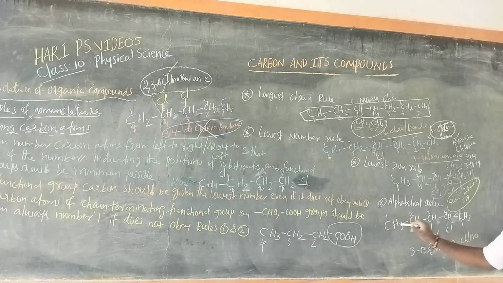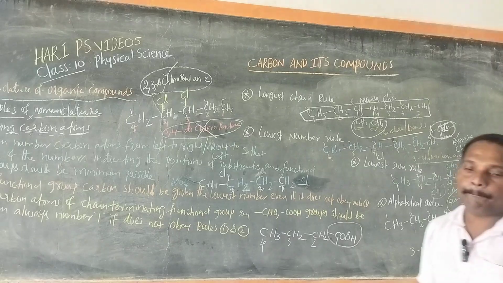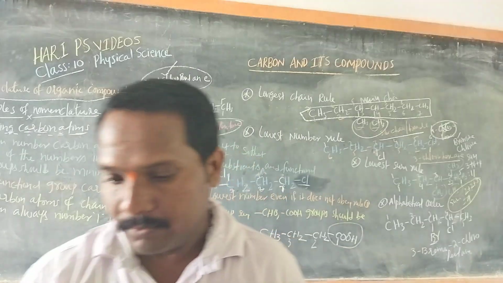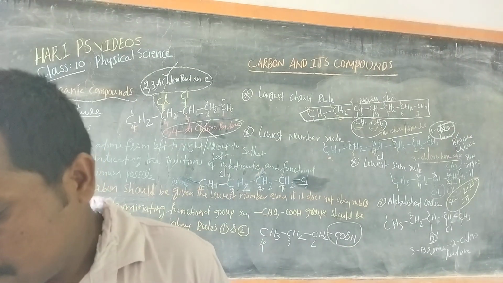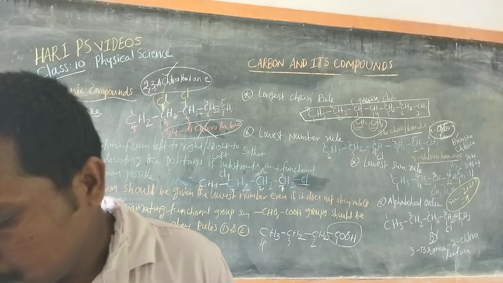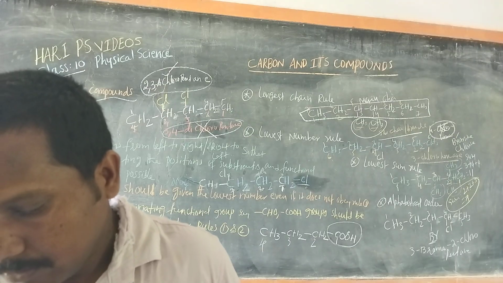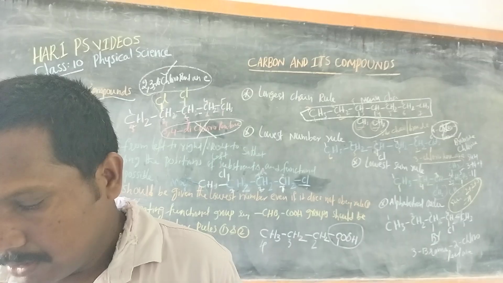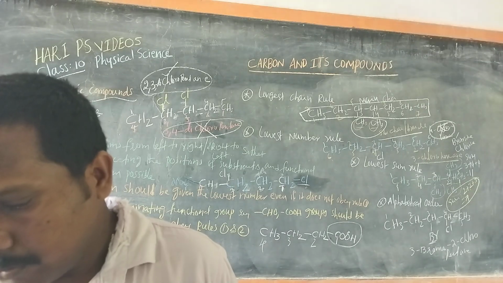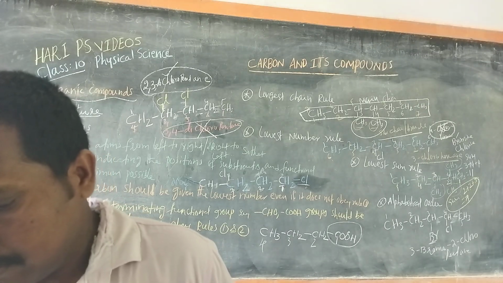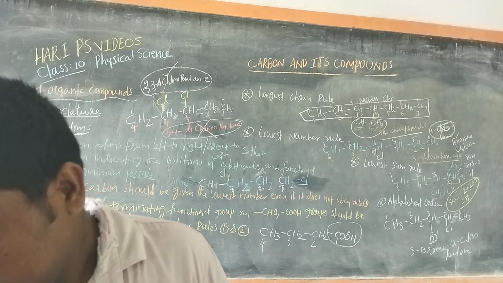How many carbons? 5, pentane. 3-bromo-2-chloropentane. Like that, we need to give the name.